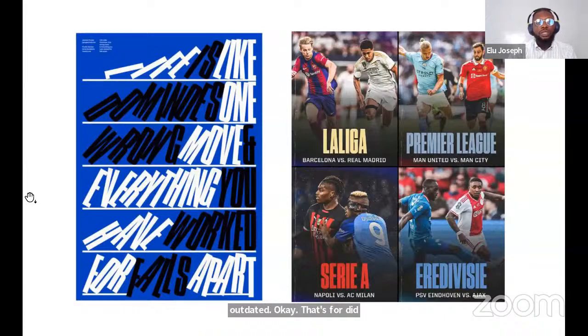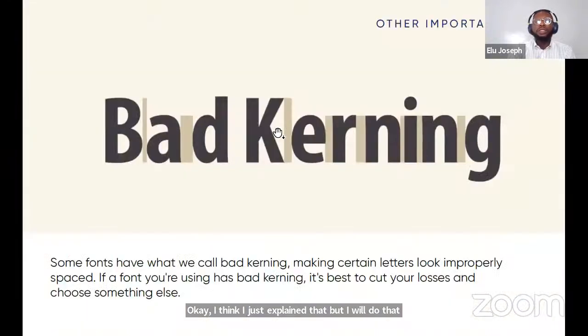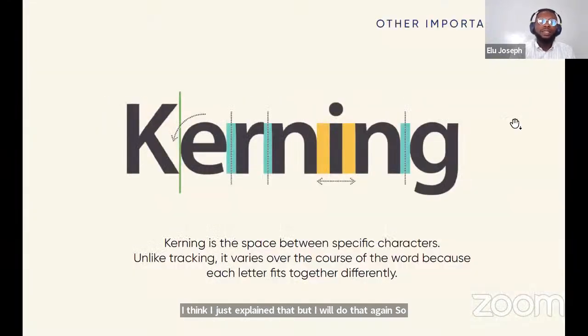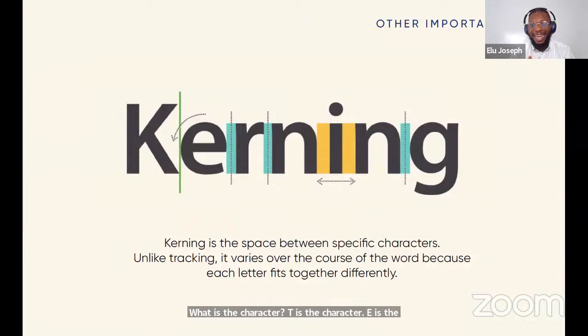The difference between kerning and tracking. I think I just explained that, but I will do that again. I said kerning is the space in between each character. What is a character? K is a character. E is a character. R, N, these are characters. The space in between each of them is called kerning.